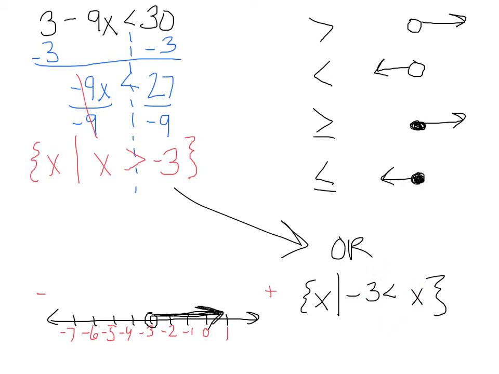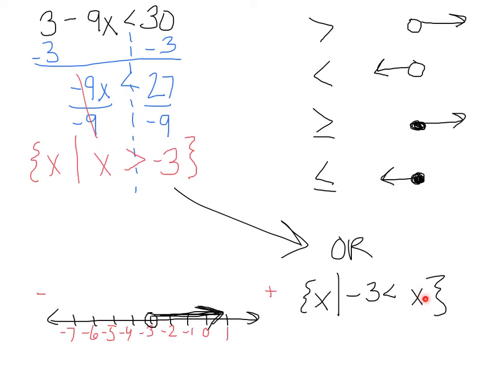A common mistake is people say, oh, this is a less than sign, so we have to shade to the left. But that's not the case here, is it? Because our variable has to be what? Greater or less than -3? Our variable must be greater than -3. It must be bigger.